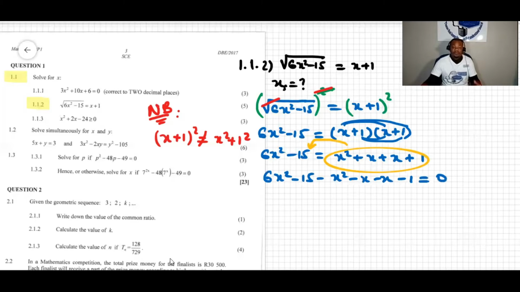Now we can combine like terms. Because we have 6x squared and negative x squared, I prefer to underline them so I cannot miss anything. This will make 5x squared. Then we have negative x and negative x, which makes negative 2x. And then negative 15 and negative 1 make negative 16 equal to 0.